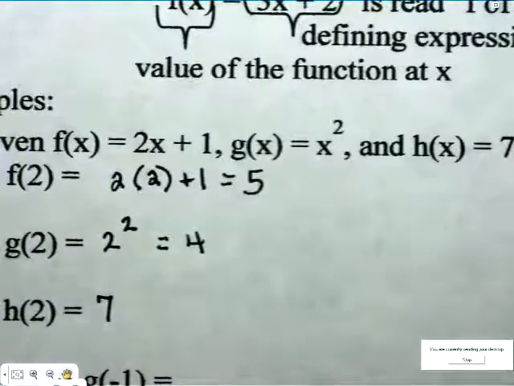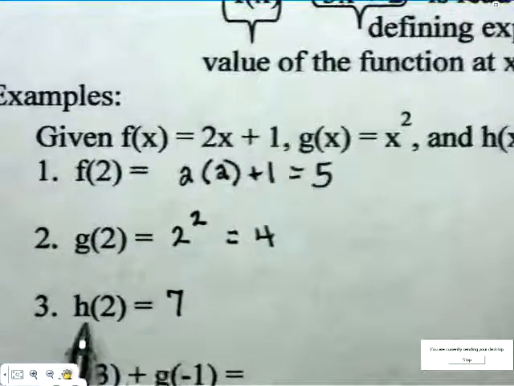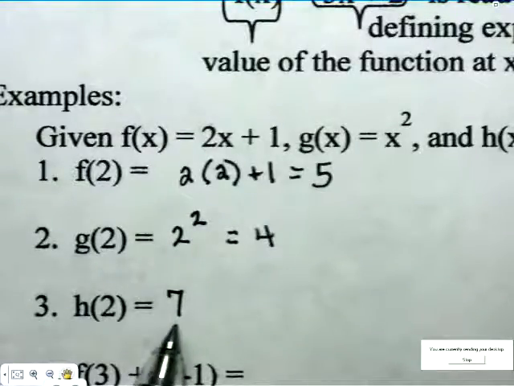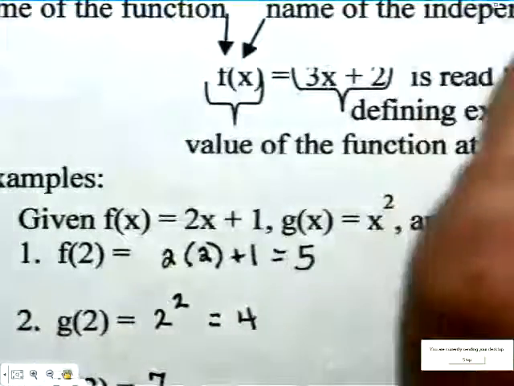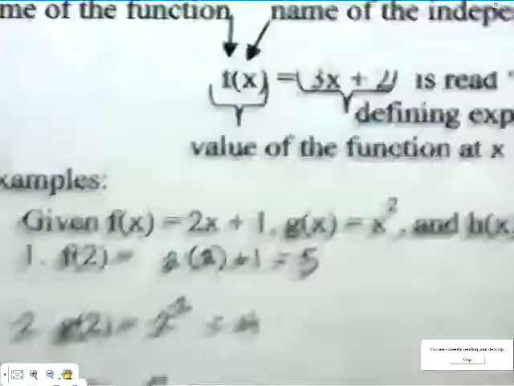Notice that when I say (2, 7) would be on the graph of the function, 2 is your x and 7 is your y. This f of x is the same as a y value. It's the y value of the ordered pair.